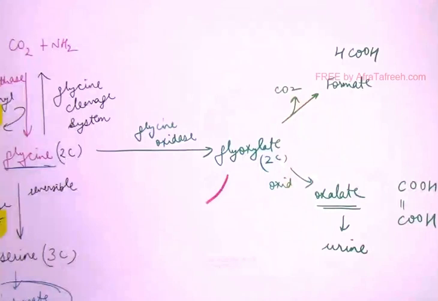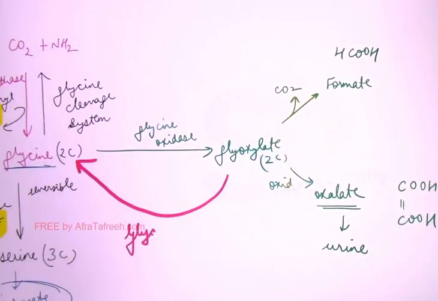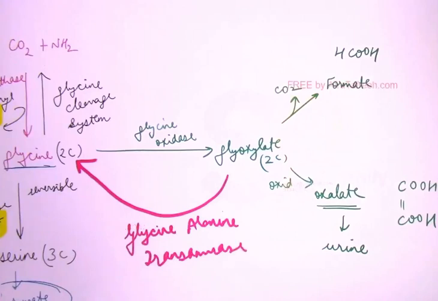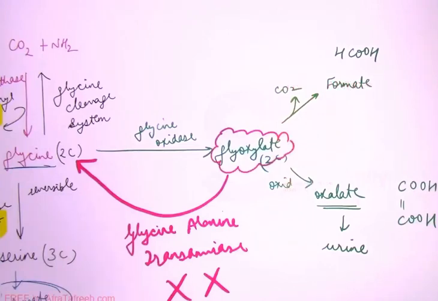Now glyoxylate can be again converted to glycine, and here the enzyme required is glycine alanine transaminase. If this enzyme is deficient, that is glyoxylate cannot be converted to glycine. Along with this enzyme deficiency, there is a defect of glyoxylate to formate conversion.